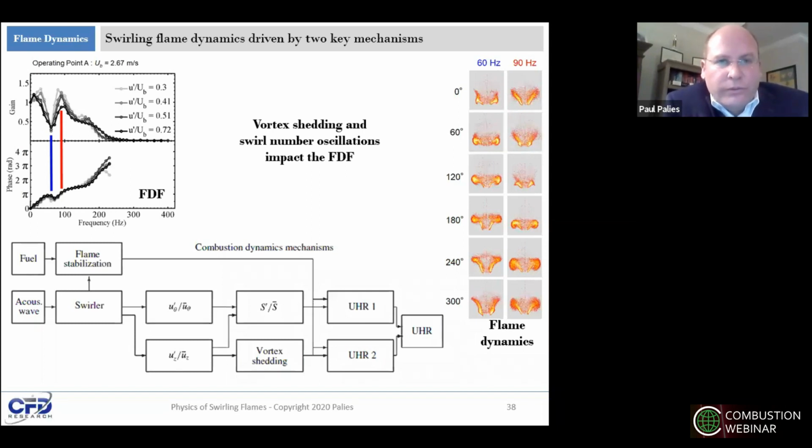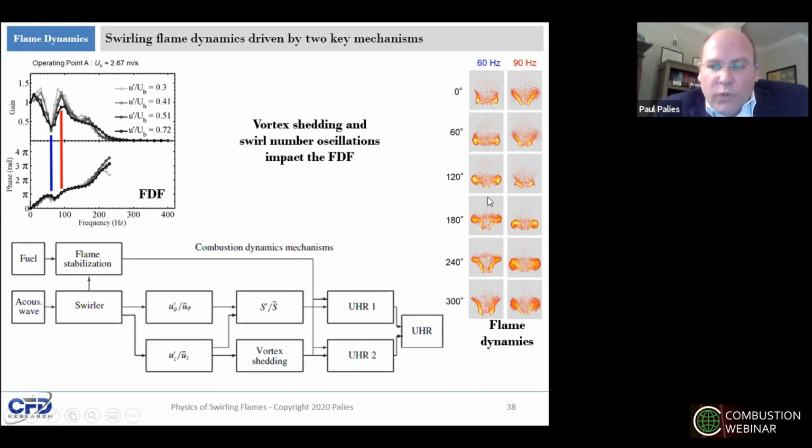I will give a brief slide on swirling flame dynamic, which is driven by two key mechanisms. On the top left, this is FDF of a swirling flame, premixed swirling flame, where you see at the frequency of 60 Hertz in blue, you have very low response, while in 90 Hertz in red, you have higher response.